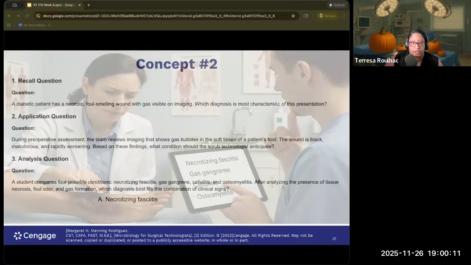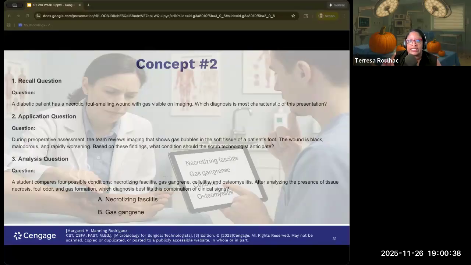So we have our options. Is it necrotizing fasciitis or gas gangrene? Now, I grabbed this one because it sometimes gets everyone a little bit, and the reason being is the answer is actually gas gangrene. I'm going to explain to you why.